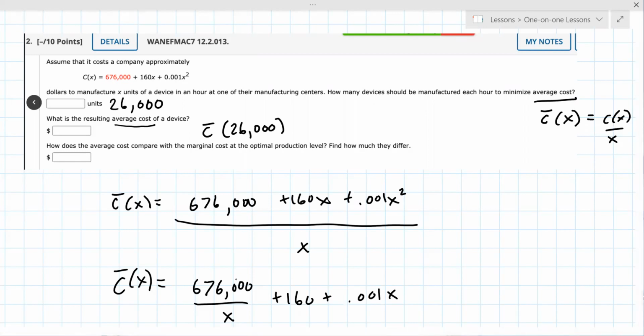I'll do that calculation here. So x equals that, and then we got c equals, so we got 676.